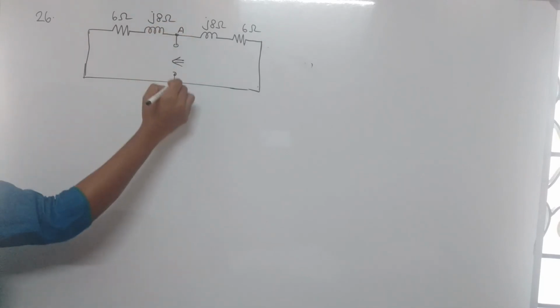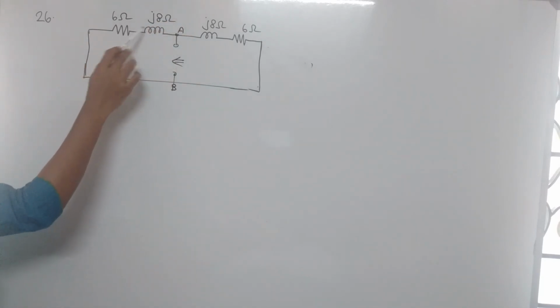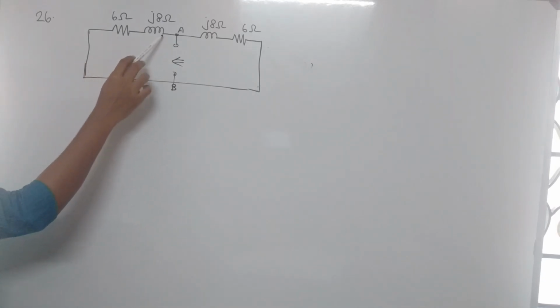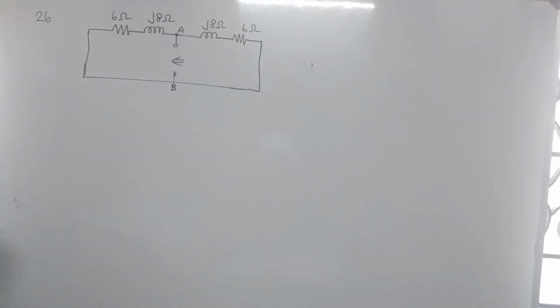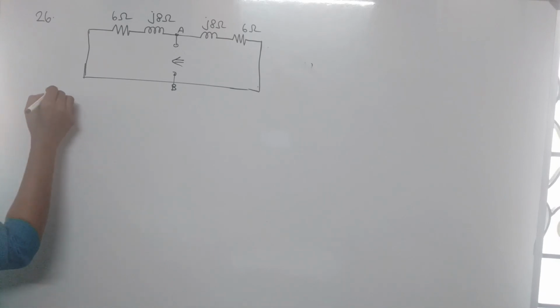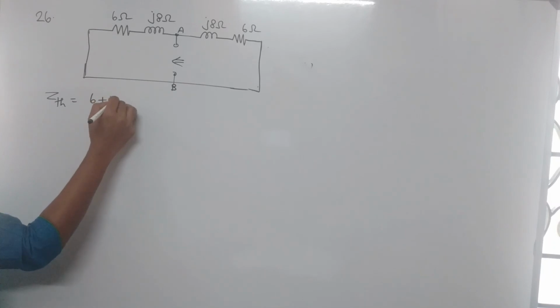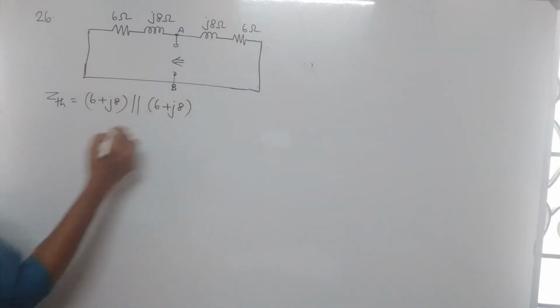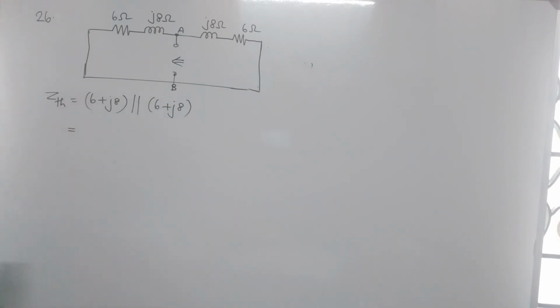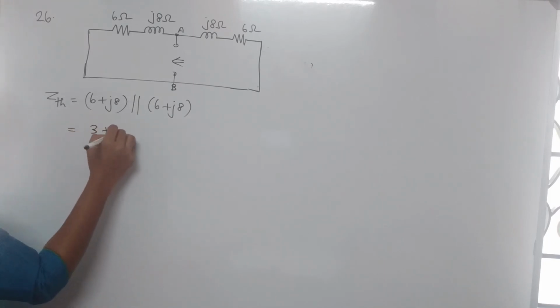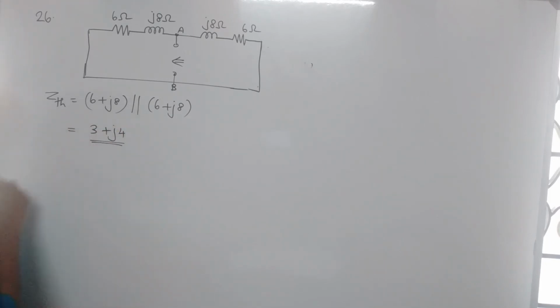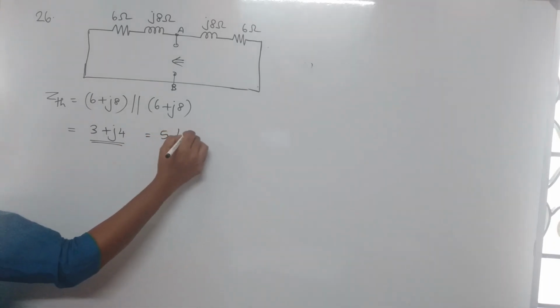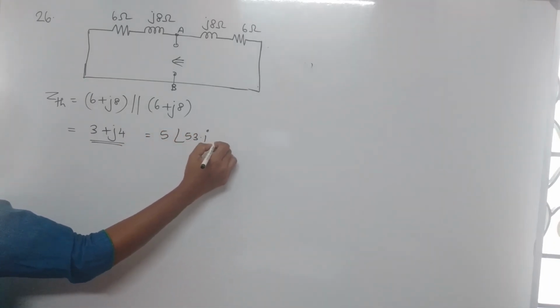If I am marking this as AB, 6 plus J8 is connected between AB. This 6 plus J8 is also connected between AB. So ZTH is 6 plus J8 parallel 6 plus J8. On simplification we get it as 3 plus J4, or 5 angle 53.1 degree.